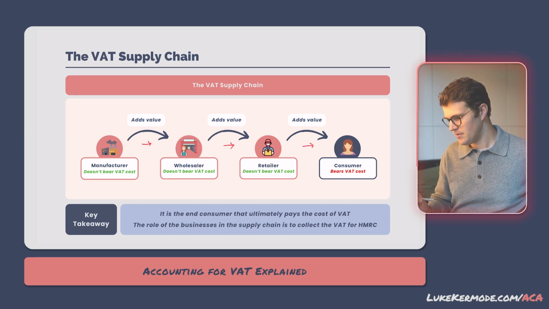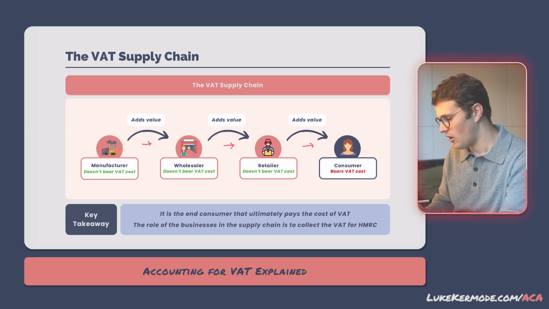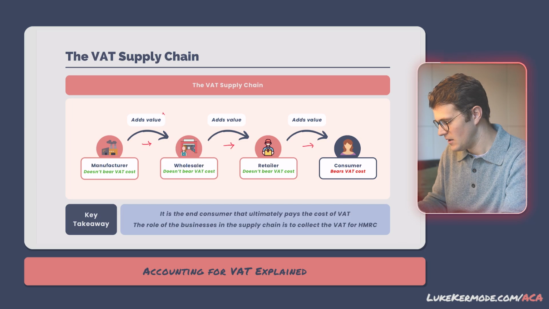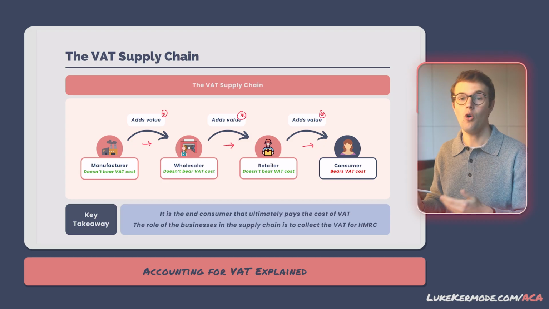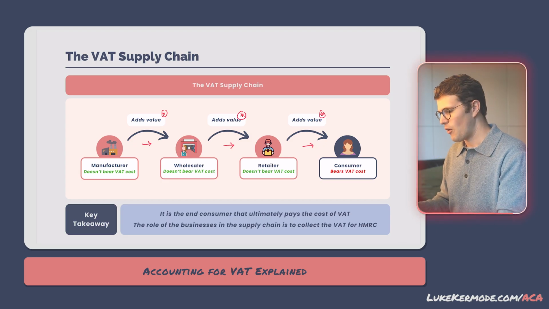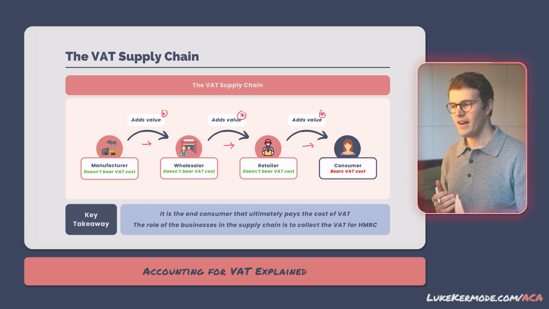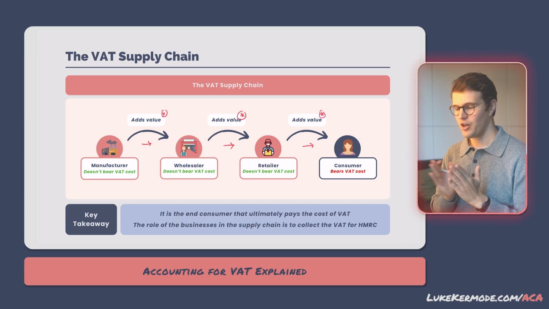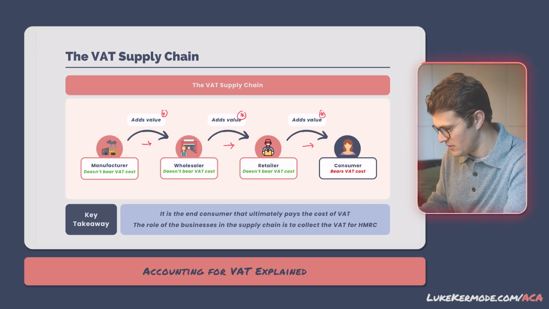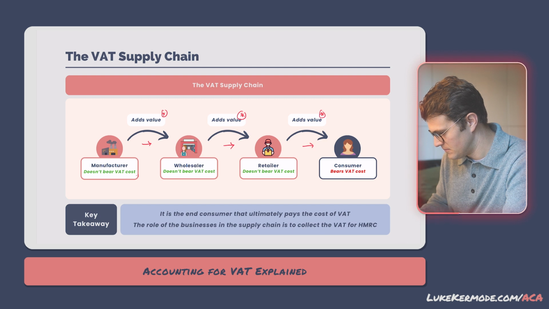At each step, businesses are adding value, whether by refining the product, distributing it, or marketing it. However, despite the fact that they're adding value at each stage of the process, none of these intermediaries actually bear the cost of VAT.